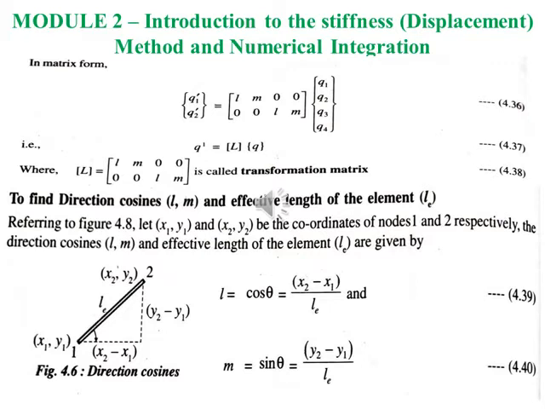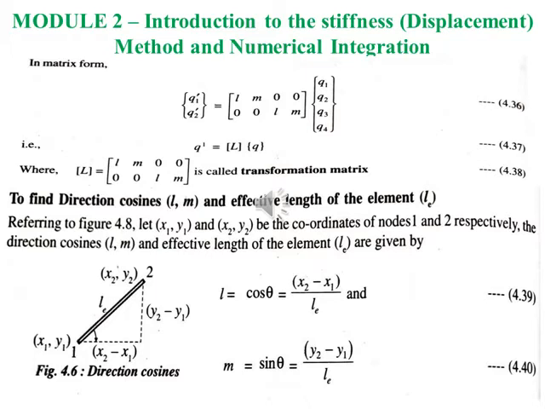So the direction cosines can be written in terms of L and M. The length of the element can further be written as Le is equal to square root of (x2 minus x1) square plus (y2 minus y1) square.